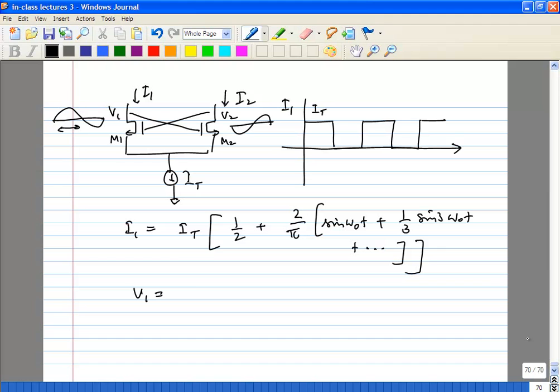So what is V1? Remember, at resonance, the impedance on one side is just going to be RP over 2, right? Because L and C, the impedances are going to cancel out. Okay? And so what we want actually is, let's do it this way.